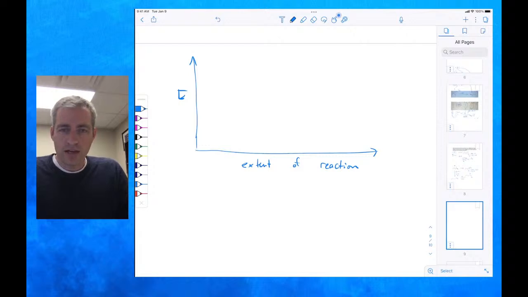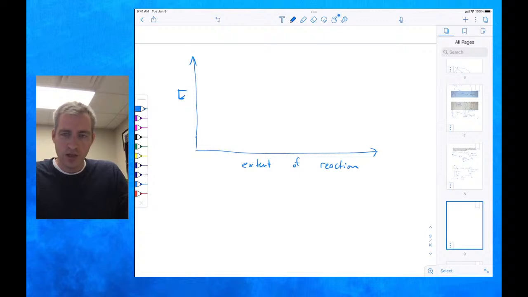Every one of our reactions that we look at obviously will have a potential energy diagram. The potential energy diagram matches up with the different steps in the mechanism. The number of humps that you see in this potential energy diagram is equal to the number of steps in a reaction.